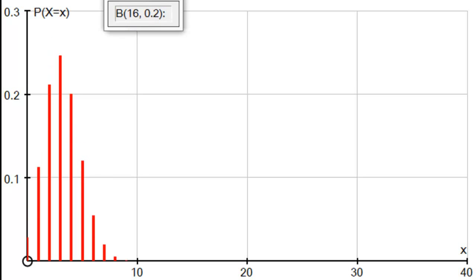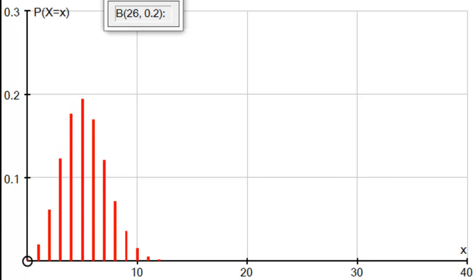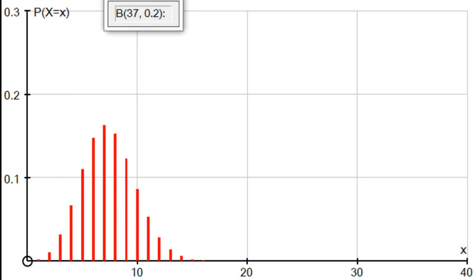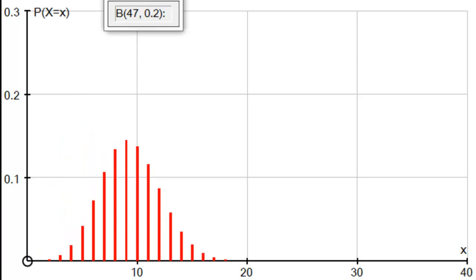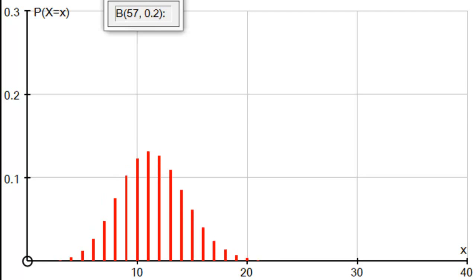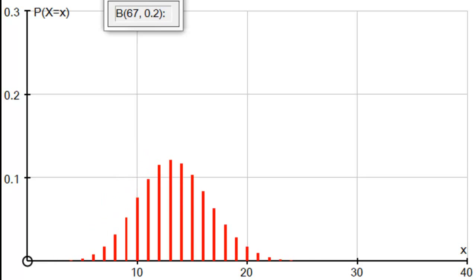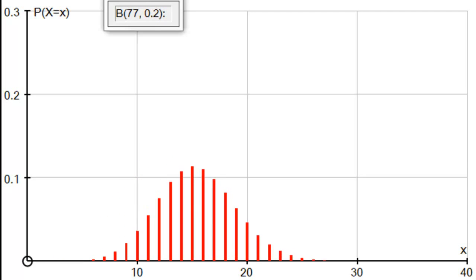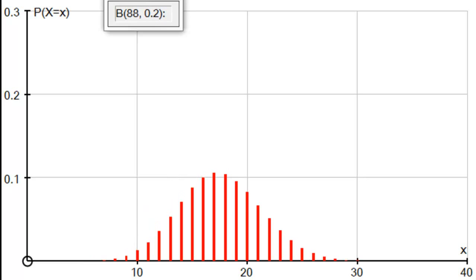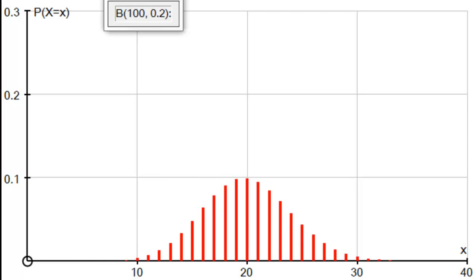As we increase n, you can see the shape is changing, and as n gets larger, it's starting to tend towards a normal distribution curve. Once we get to 100, you can see this looks pretty impressive. But it seemed to take quite a long while for that to happen. We needed quite a large n.